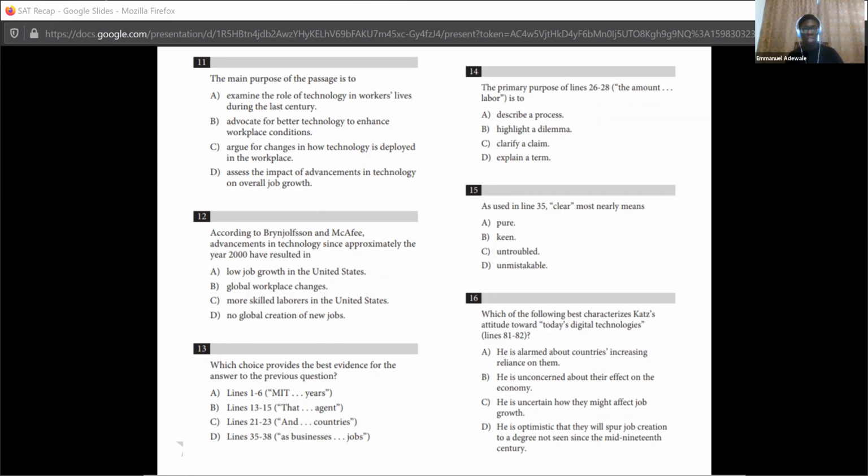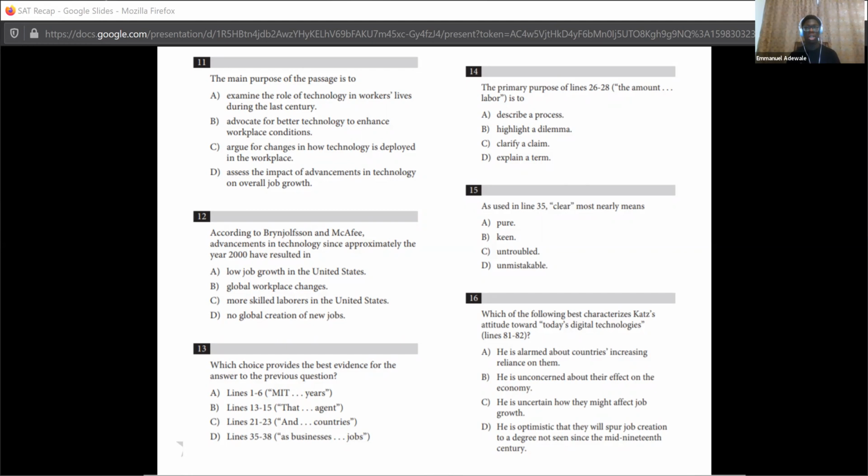All of the other choices, each of those sentences are clearly provided to help explain it or give more context to it, but not necessarily to describe the process, highlight a problem with it, or explain a claim.